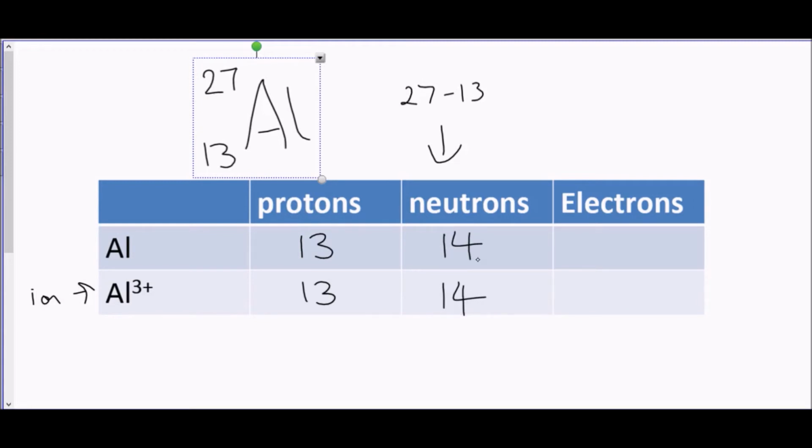And the number of electrons, so in the neutral atom, electrons is equal to the number of protons, which is 13. In the charged ion, we've got atomic number, which is 13, take away the charge, which is 3 plus, gives us 10 electrons. And that's what your table should look like.